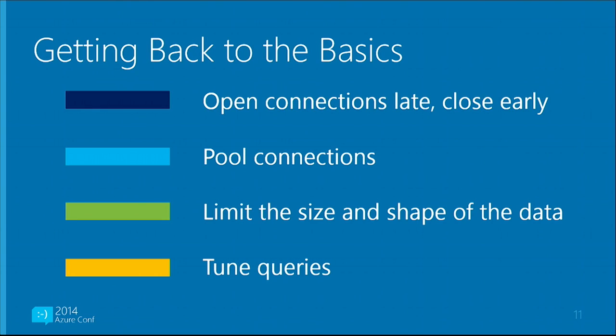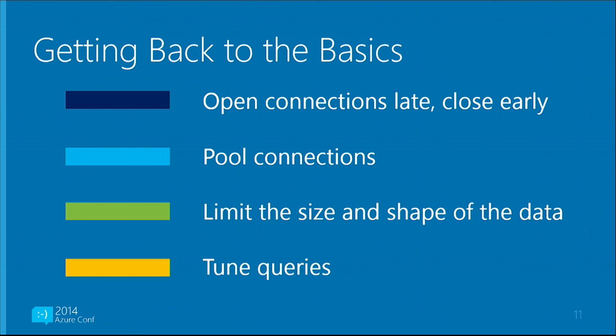So when we start thinking about performance optimization, one of the things we need to do is just go back to the basics and the fundamentals and think about how we use those resources so that we're not getting policed, so that we're not getting throttled as best we can. So we want to open connections late and close them early. These are common principles that we think about when working with relational databases and resources where we're holding on to expensive connections like SQL Server.